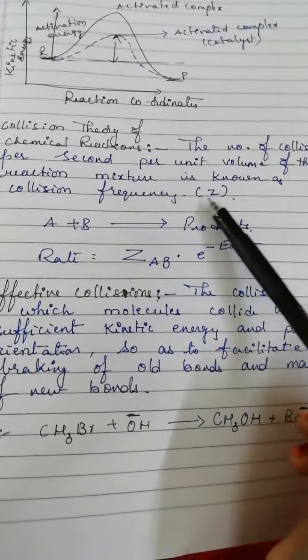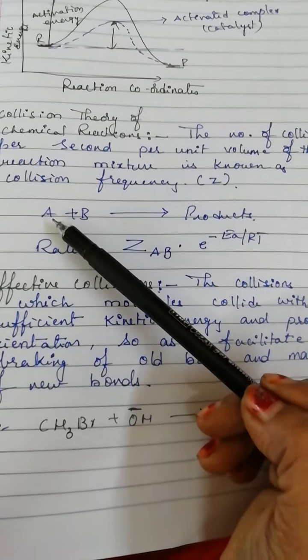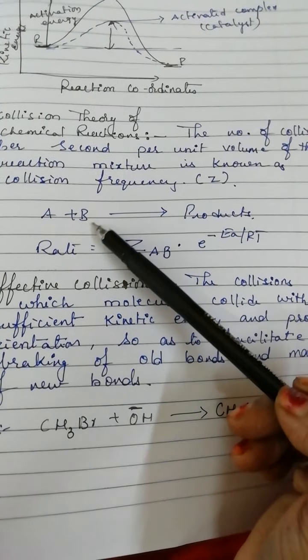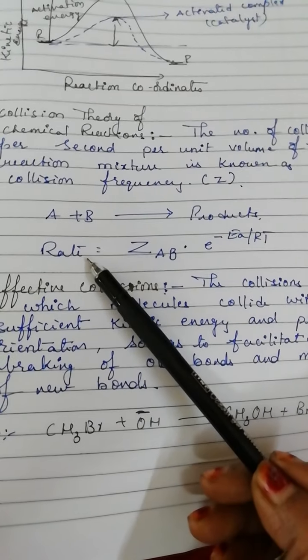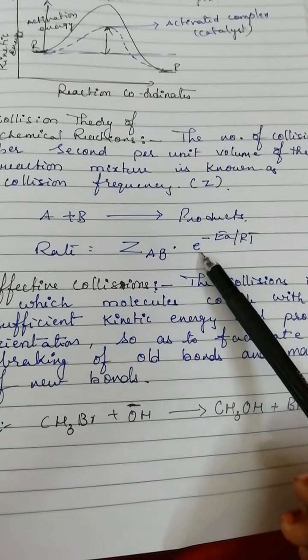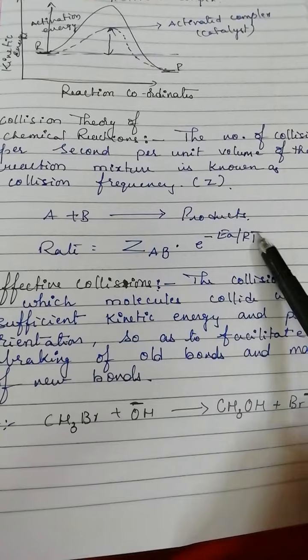That collision frequency is denoted by the symbol Z. If you see the equation, A plus B, the reactants combining together to form the products, the rate is equal to Z_AB into e to the power of minus Ea by RT.